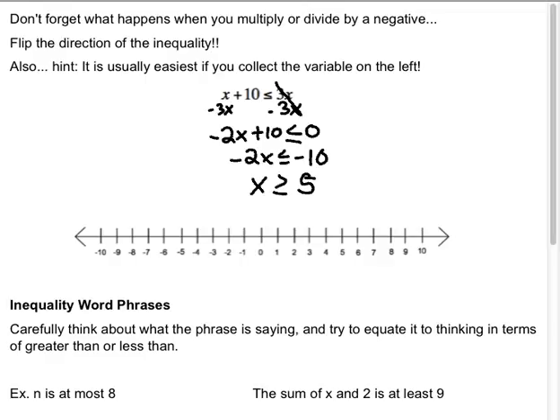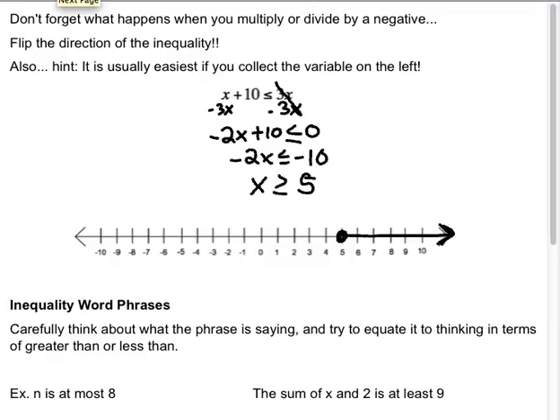So now it's going to read x is greater than or equal to 5. So I go to 5, the or equal to means it's going to be a filled in circle, and greater than is going to point it upward.